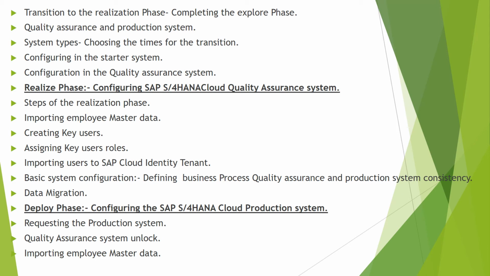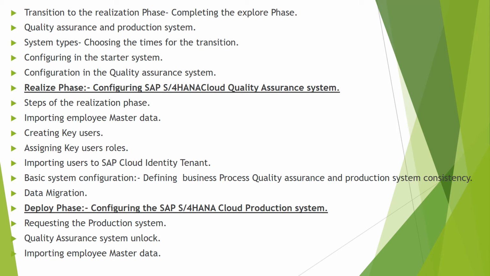You have two options to implement the project. Configuration in the starter system: you will implement your project in the starter system and have the configurations transferred from this system to production. In this case, you can activate the production landscape in a timely manner.